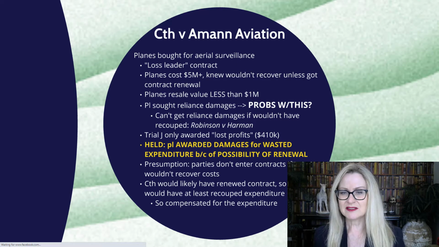That included wasted expenditure not only on the planes themselves, but for all sorts of other associated costs that they had laid out in anticipation of the contract, including staff that they had to hire and then fire, so termination payments as well. So that is the value in wasted expenditure claims.